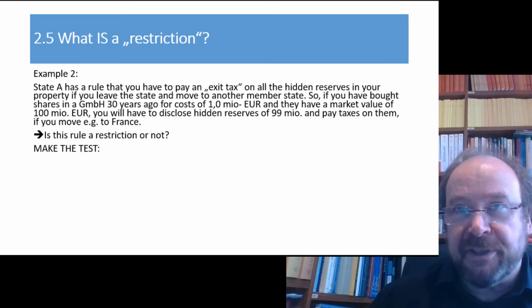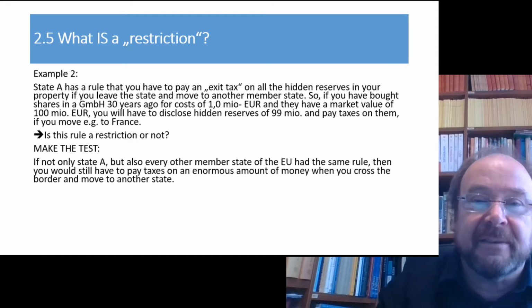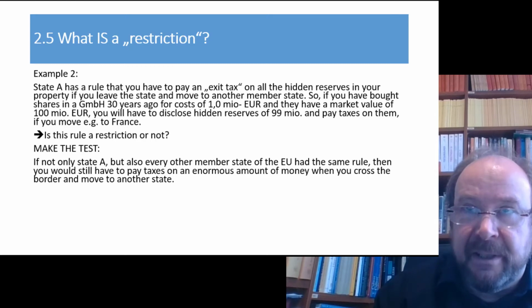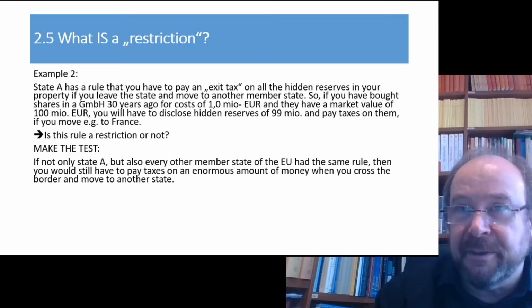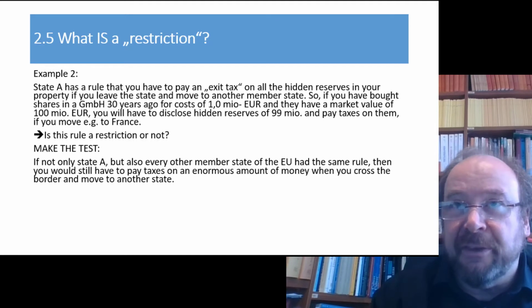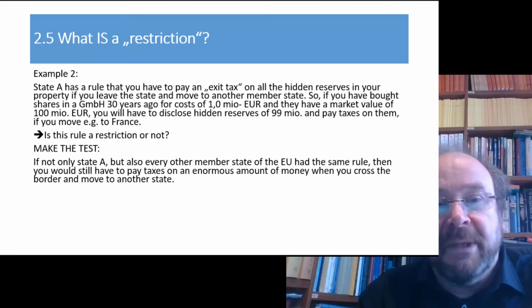Let's just imagine that not only Germany, but also France, Spain, Italy, they all introduced an exit tax rule. If somebody leaves the state, you have to pay an exit tax on all the hidden reserves, on all the gains which have already been caused during the time you stayed in that country and which are not yet formally realized.